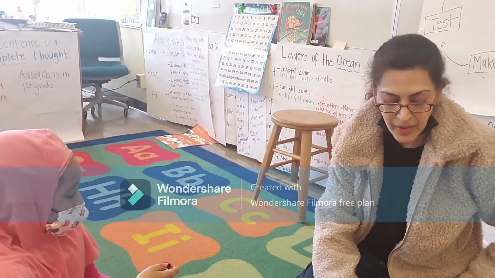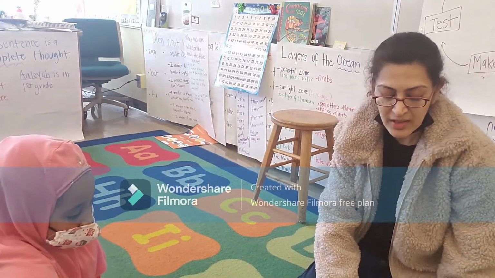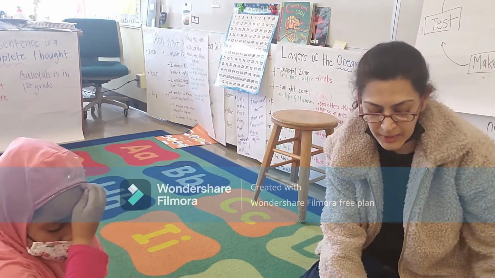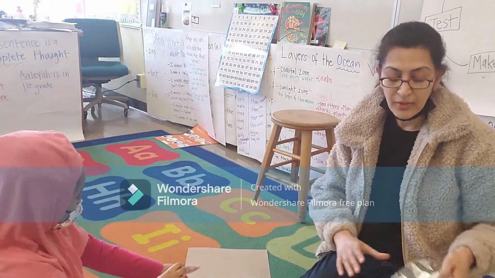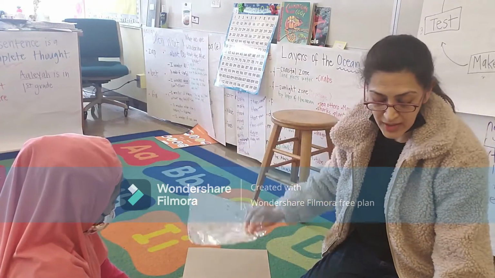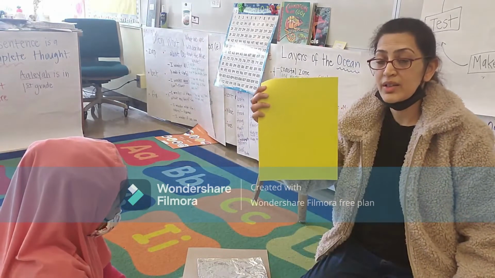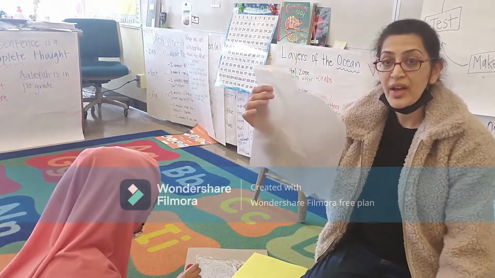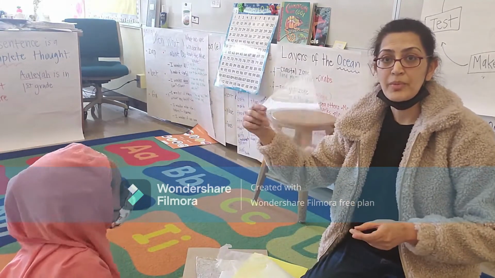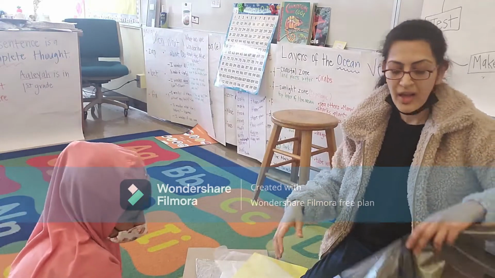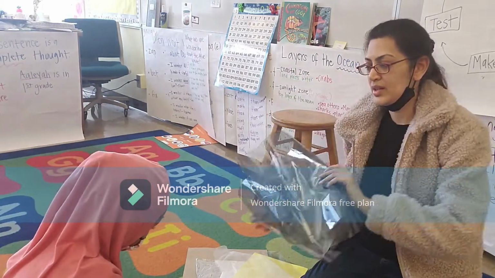So now we proved that the cardboard material blocked the light, the foil material blocked the light, the foam material blocked the light too, but the wax paper does not block the light. The clear plastic paper does not block the light, and the tinted paper partially blocks the light, right?